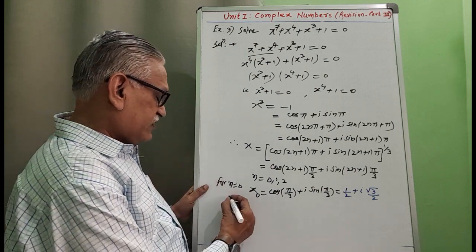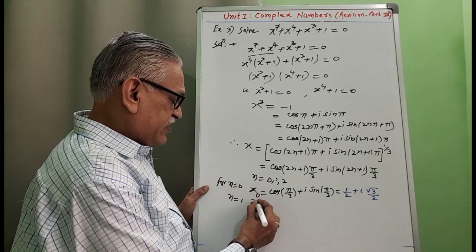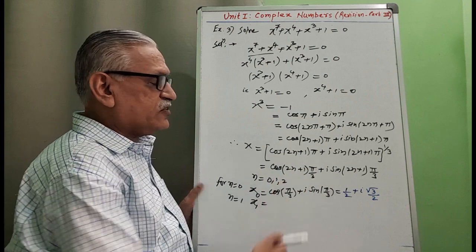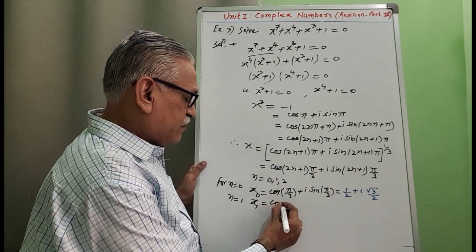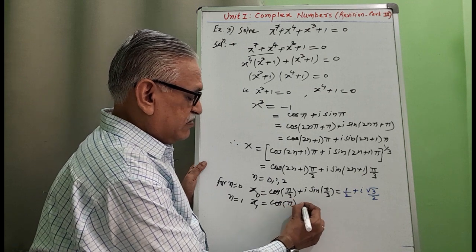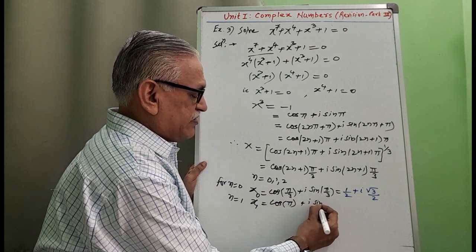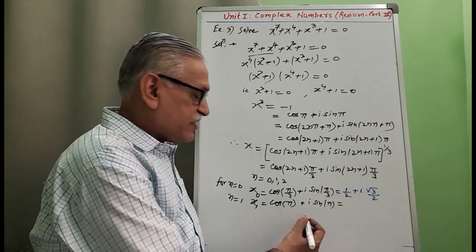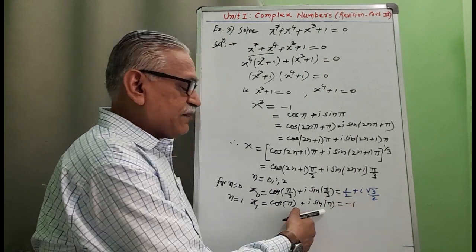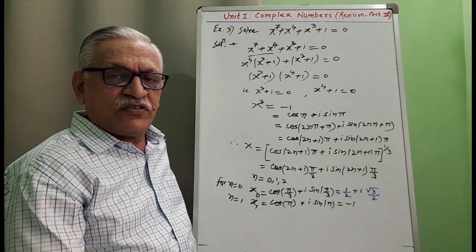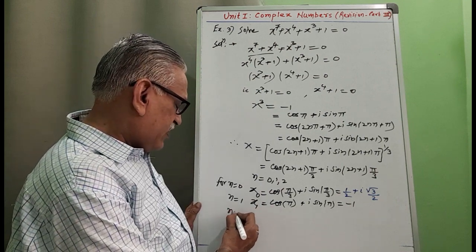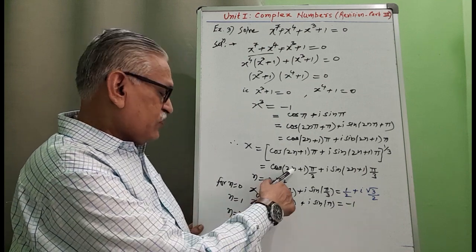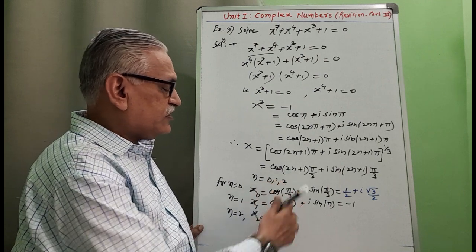Then for n equal to 1, we get x1 is equal to 2 plus 1, 3, into pi by 3, it becomes cos of pi plus I sine of pi. The value of cos pi is minus 1 and sin pi is 0. Therefore the second value is minus 1. And lastly, for n equal to 2, we get x2, putting n equal to 2, 2 into 2, 4, 4 plus 1, 5.